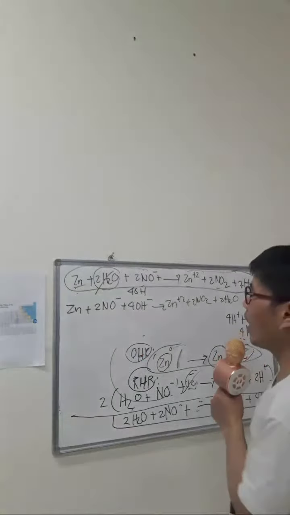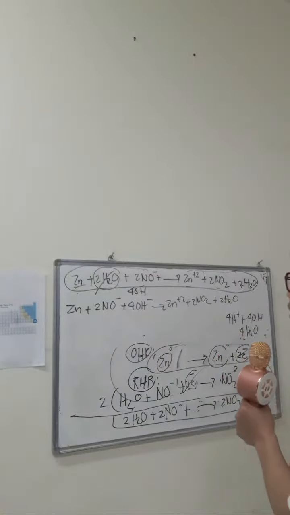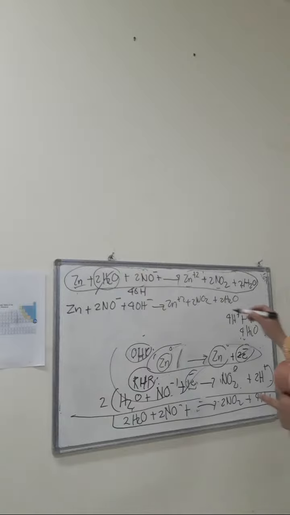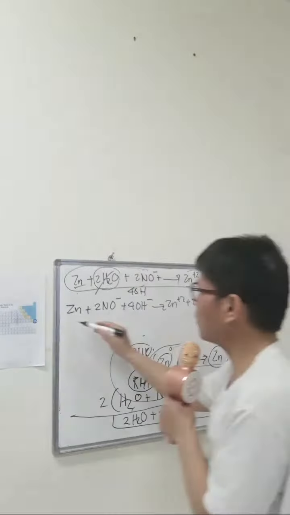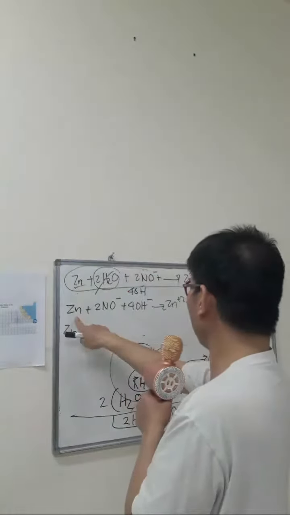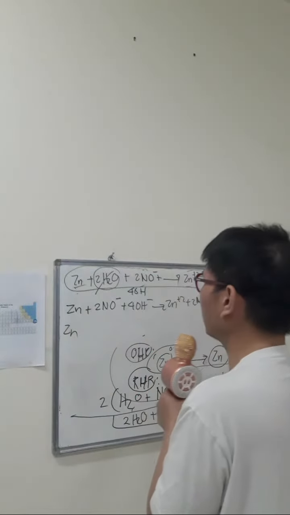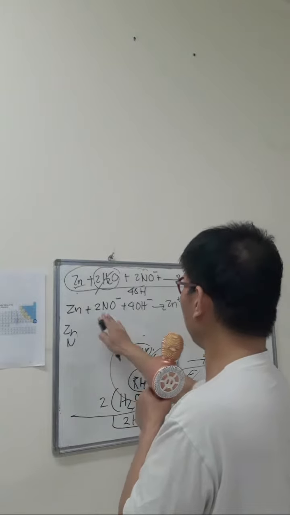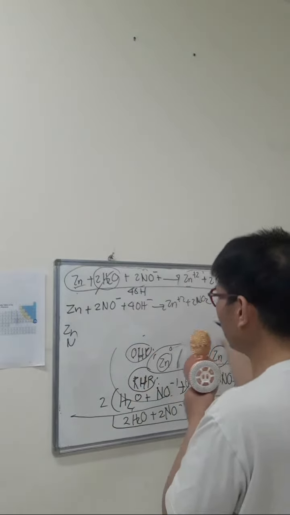Now, because we have zinc, nitrogen, oxygen, hydrogen as our elements involved here, first zinc. Zinc in the left, zinc in the right, balance. Nitrogen in the left, nitrogen in the right, balance.